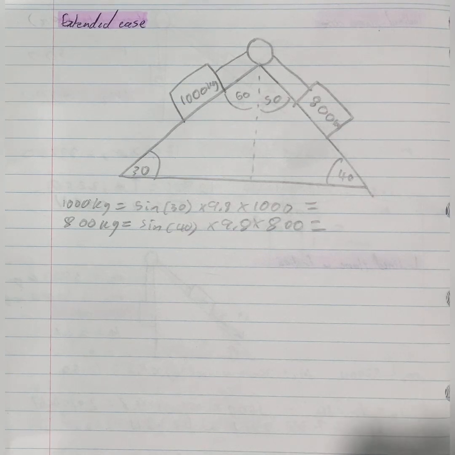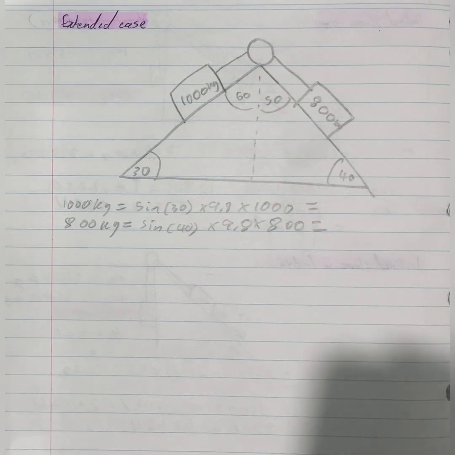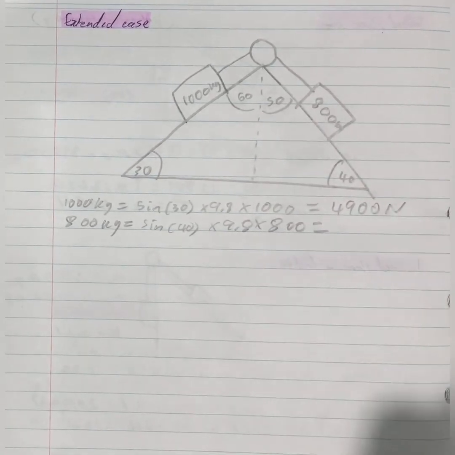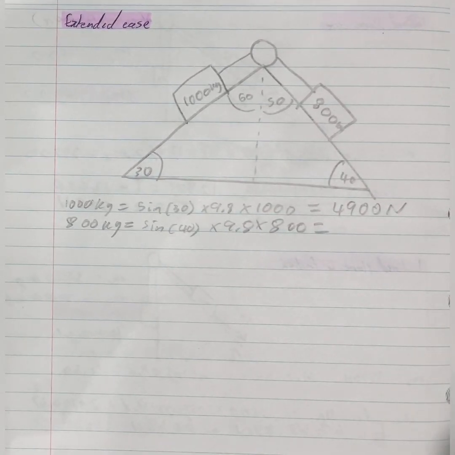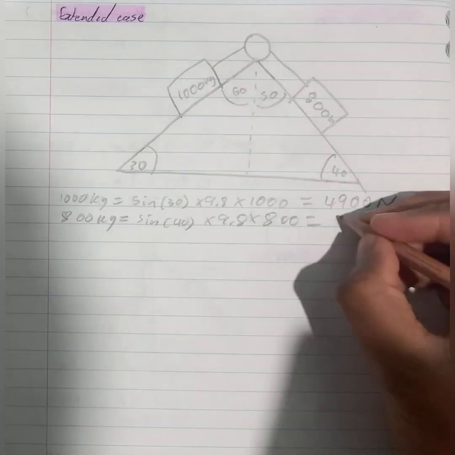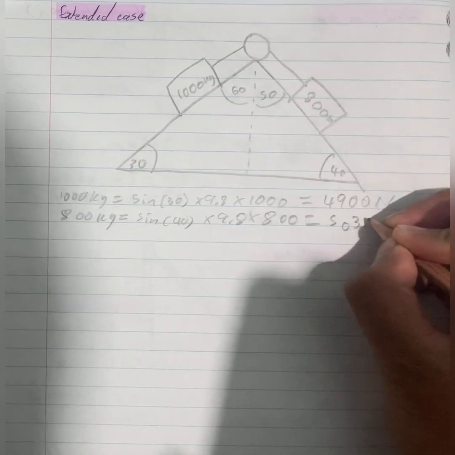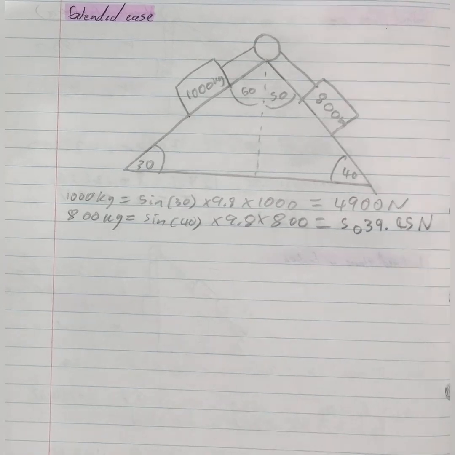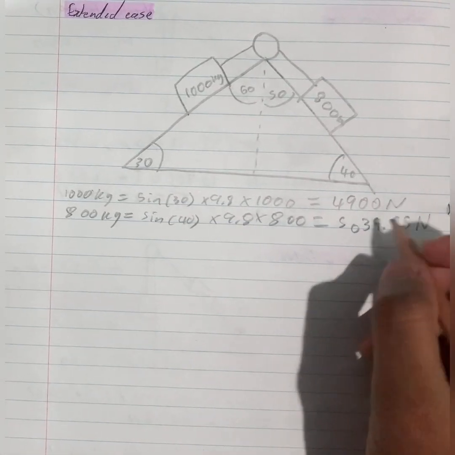First one would just be a half multiplied by 9.8 multiplied by 1,000, which is 4,900 newtons, and the 800 case would just be sine 40 multiplied by 9.8 multiplied by 800, which would be 5,039.45 newtons. So that was very easy to calculate.